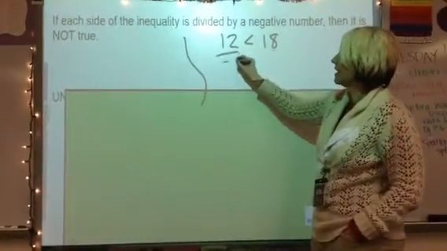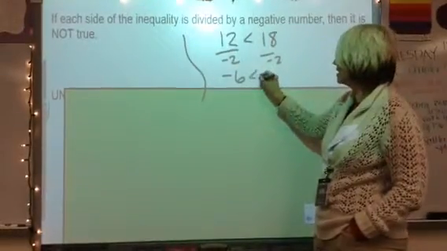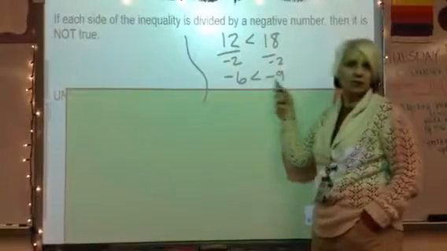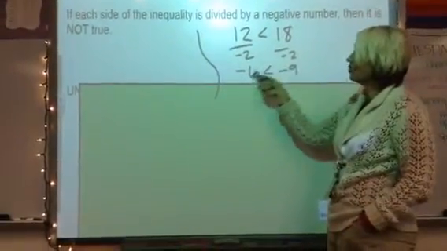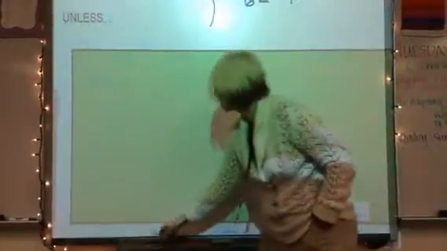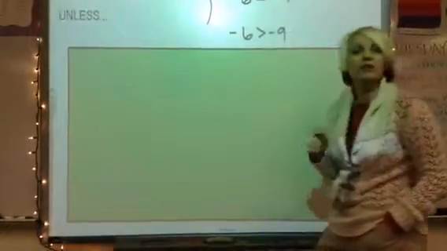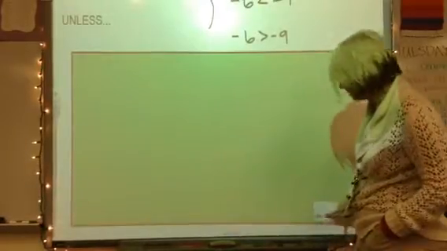I divide by a negative 2, and I get negative 6 is less than negative 9. That is not a true statement. Negative 6 is not less than negative 9. So once again, when you divide by a negative, we have to flip the symbol. So then I have negative 6 is greater than negative 9. So flip the symbol if you divide by a negative. Divide by a positive, you can keep the symbol the same.